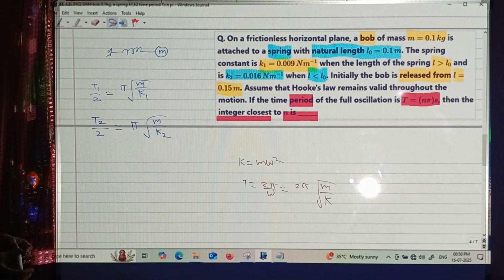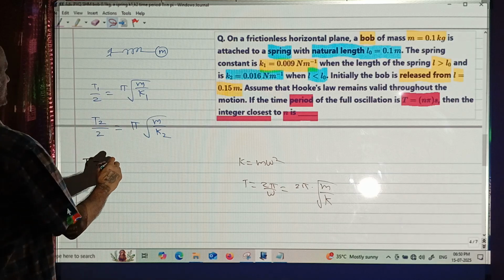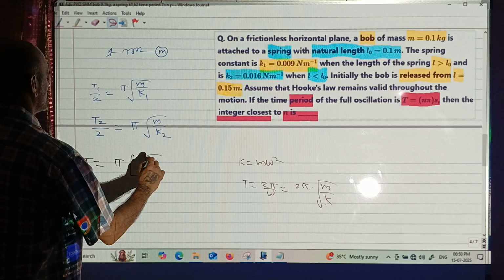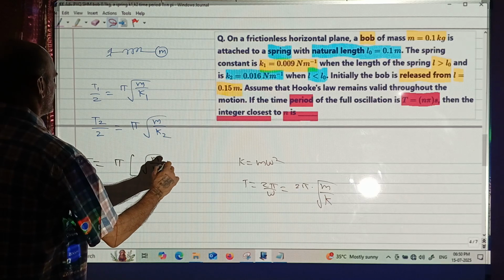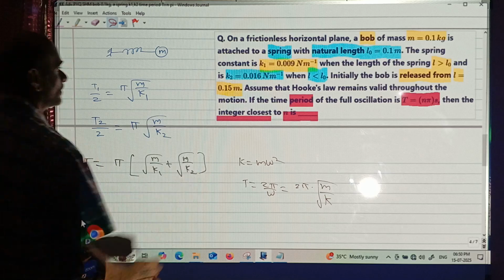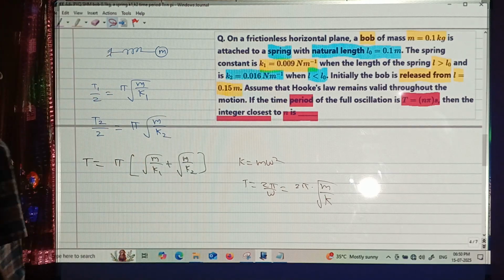The spring behaves differently when it's stretched and compressed. So this time period T is the sum of these two: pi times square root of m by K1 plus square root of m by K2. The time period is n pi seconds, so this is actually n. We have to find this value and get the closest integer to it.